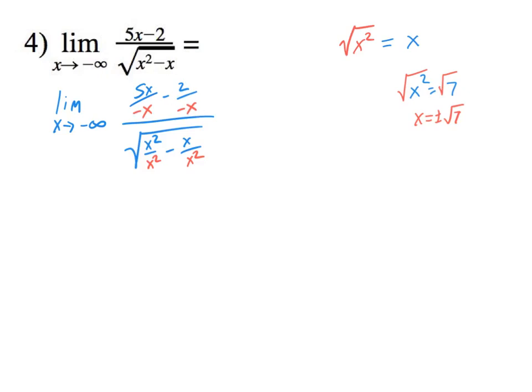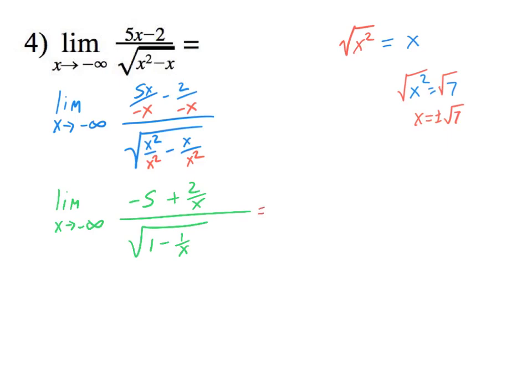All right, next, so let's do the limit as x approaches negative infinity, and this would be negative 5 plus 2 over x, and that's going to be over the square root of 1 minus 1 over x. All right, so what does that give us? Well, let's plug in our infinity.